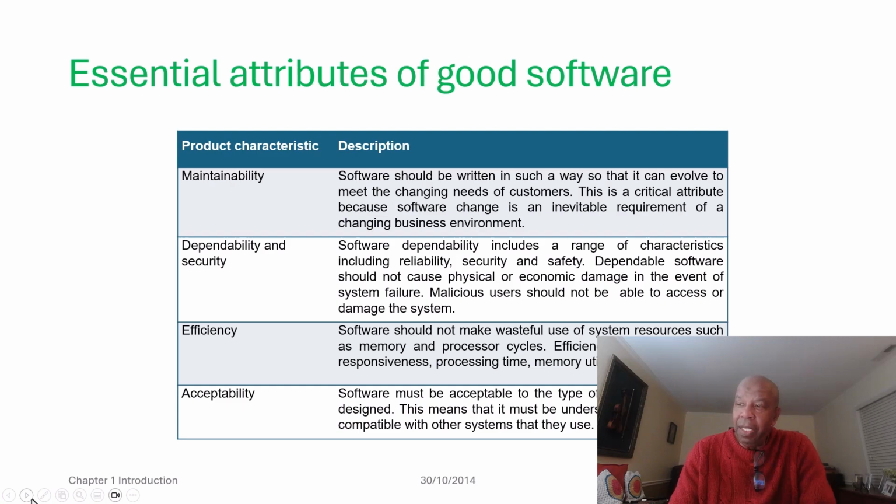Acceptability: software must be acceptable to the type of users. I'm creating this application for a user. One of the things we'll talk about later is acceptance testing, which is going to help with that acceptability. It's going to put some numbers and criteria behind it.